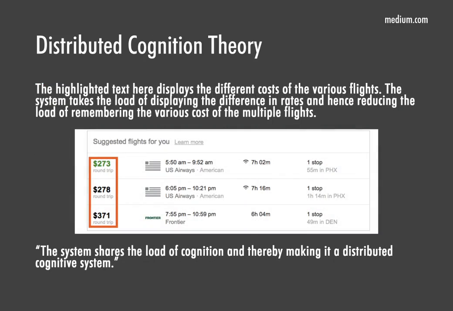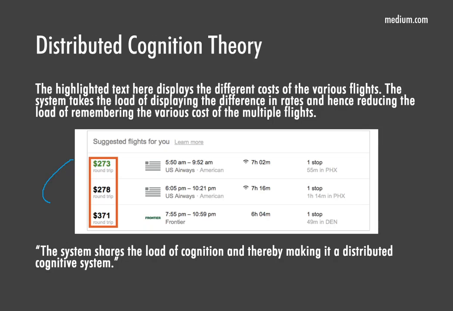Okay, let's say an example. This highlighted text here displays the different costs of the various flights. The system takes the load of displaying the difference in rates and hence reducing the load of remembering the various costs of the multiple flights.